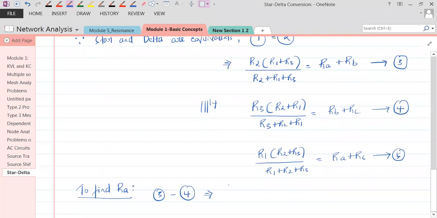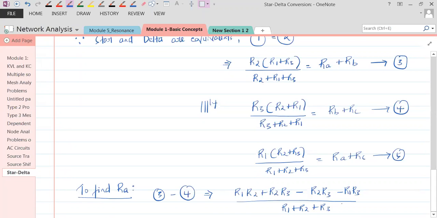Everybody do that. Equation 3 minus equation 4 is R1 R2 plus R2 R3 divided by R1 plus R2 plus R3, minus R2 R3 plus R1 R3 divided by R1 plus R2 plus R3.